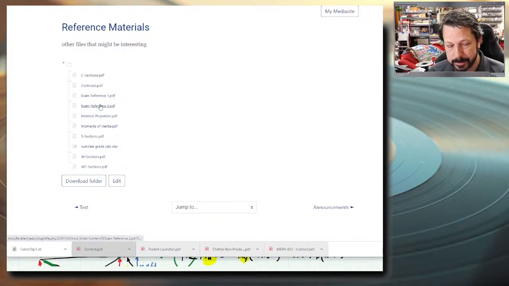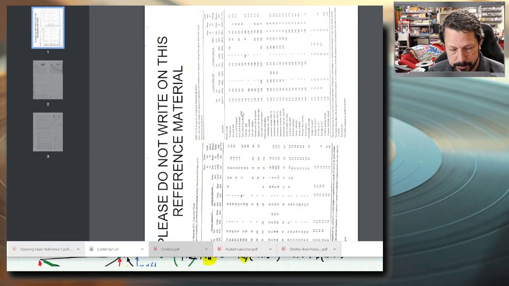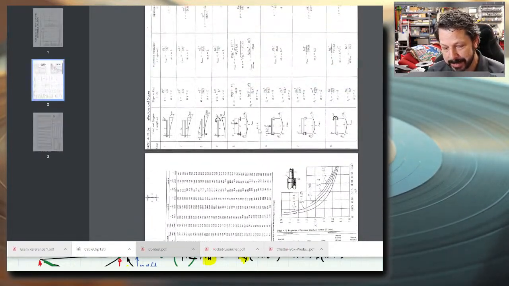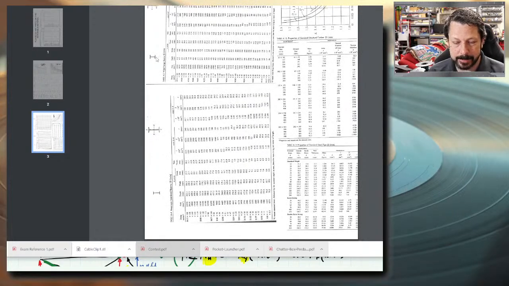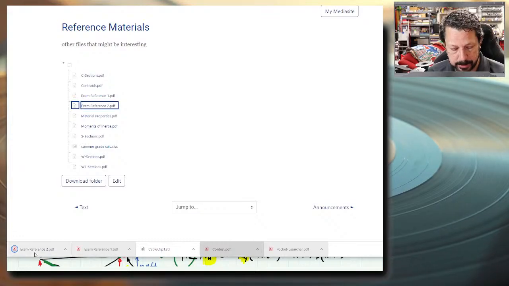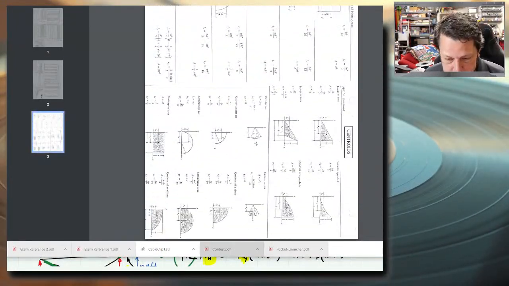That's not exam 1 and 2, that's just two different packets. And in these reference materials, you'll have your material properties and a lot of stuff that you don't need yet. It may not make sense yet, but there's a lot of material embedded in these two references that you can use during the exam. So all of that stuff.